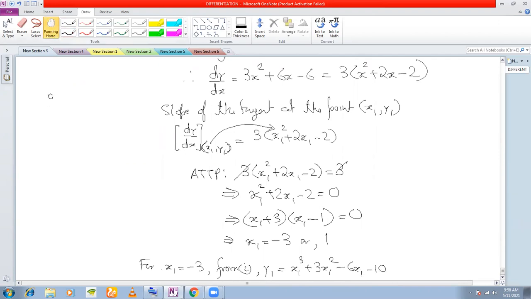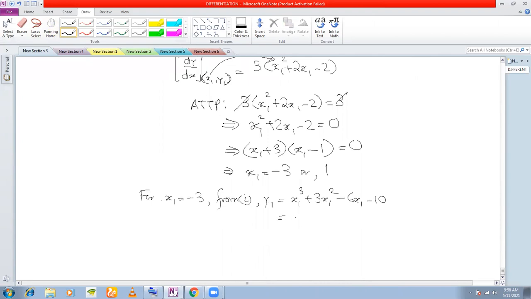Put it here, is equal to minus 3 cube plus thrice minus 3 square minus 6 into minus 3 minus 10. And therefore you get the value as 8.